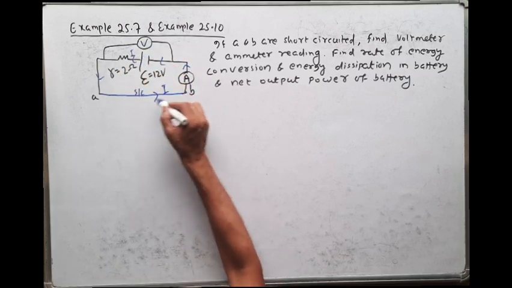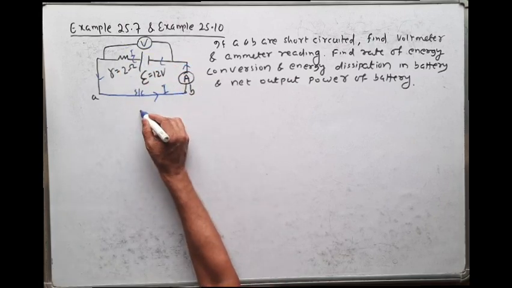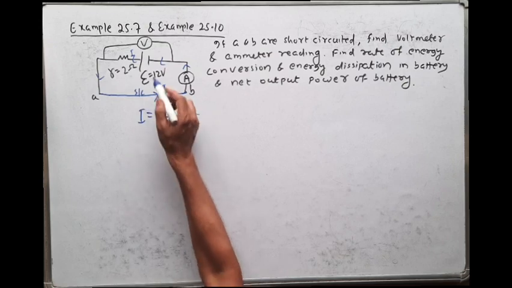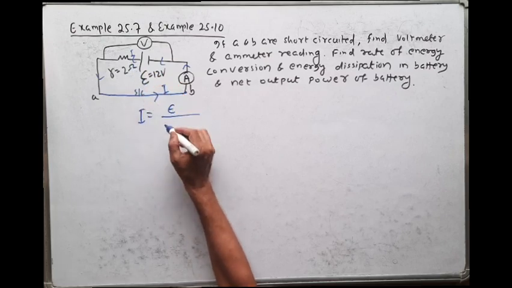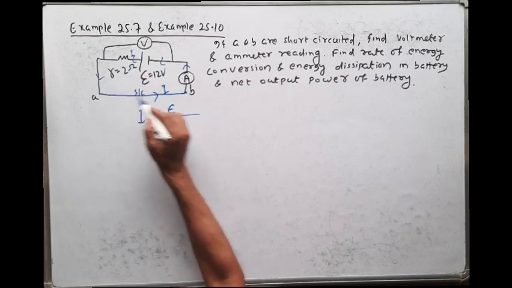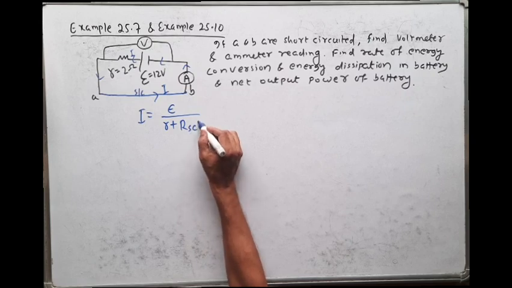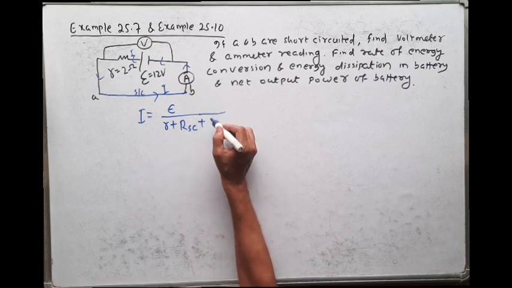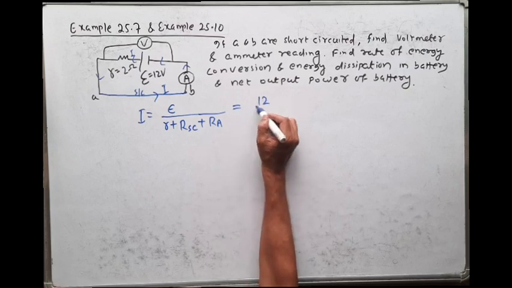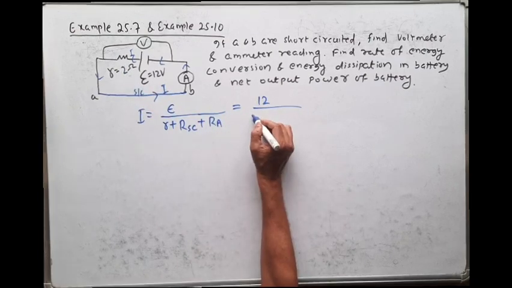Then what is the total current in this circuit? So I is equal to total EMF divided by total resistance in this circuit. Total resistance is small r and resistance across this AB terminal, which is short circuited, plus the resistance of ammeter. So that is E is equal to 12 volt divided by small r is equal to 2 ohm.